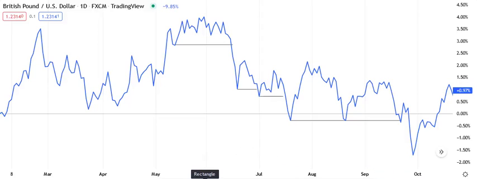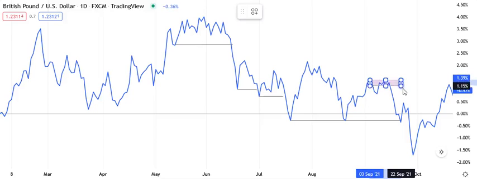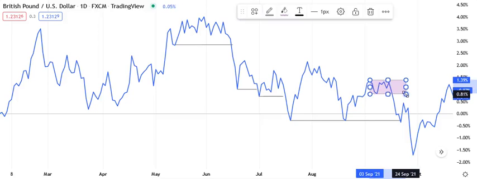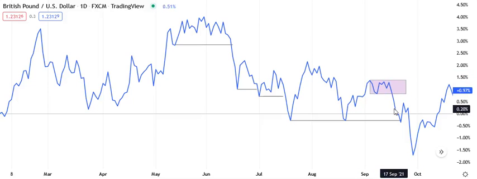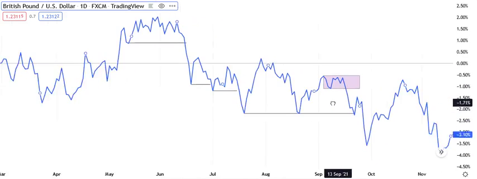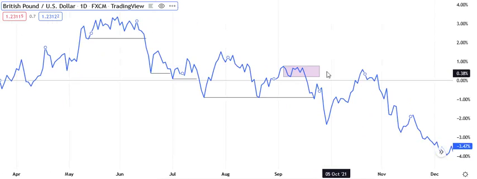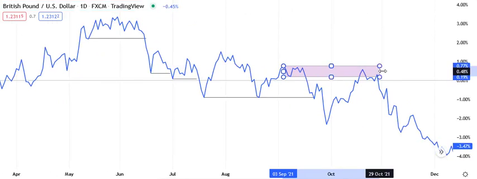Now you need to pick your rectangle tool and draw it from the high of this consolidation to the low of that consolidation. Can you see that, guys? Be sure that within that consolidation, there will be an OB. So you stretch it out.